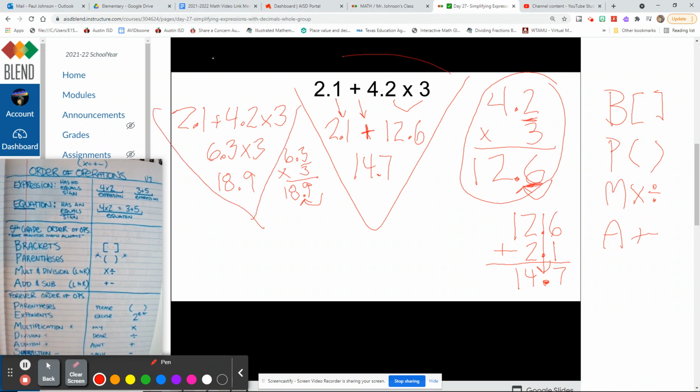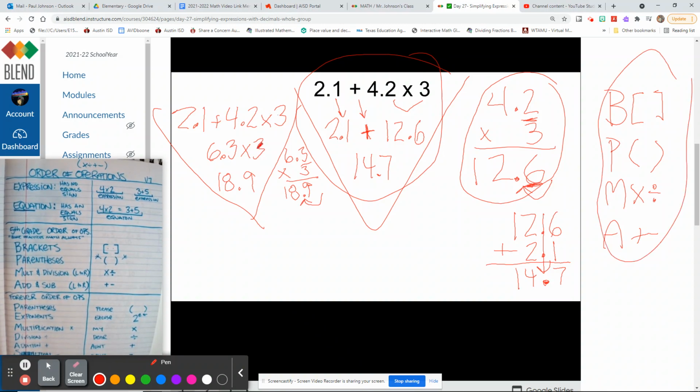All right, so the order of operations allows us to get the correct answer and allows everybody in the whole entire world to get the same answer. So the order of operations helps us to always get the same answer regardless of if we mixed up the order of this problem.